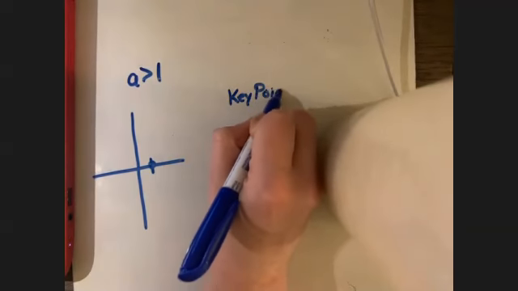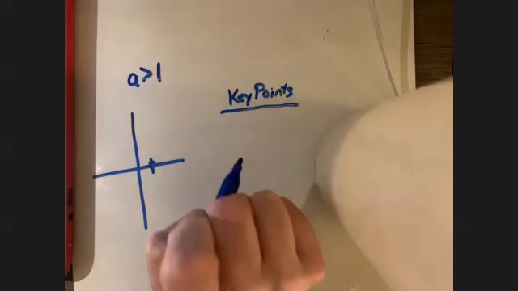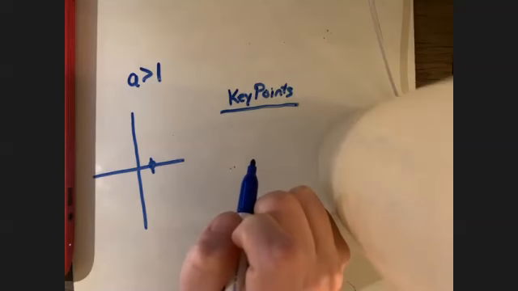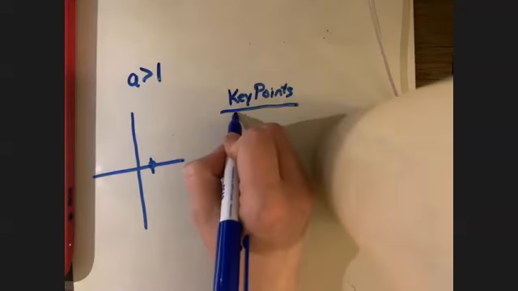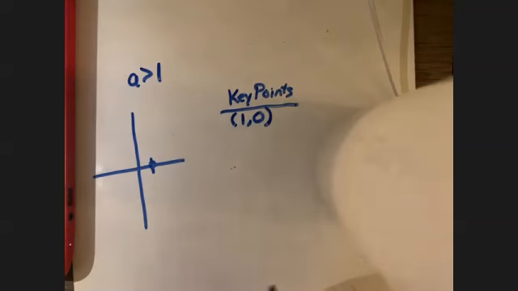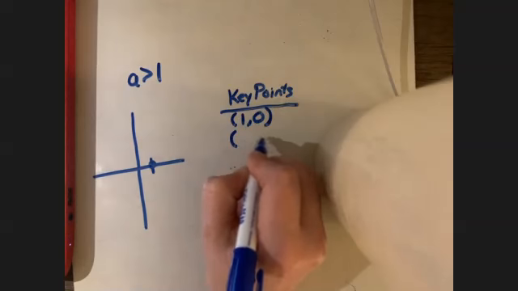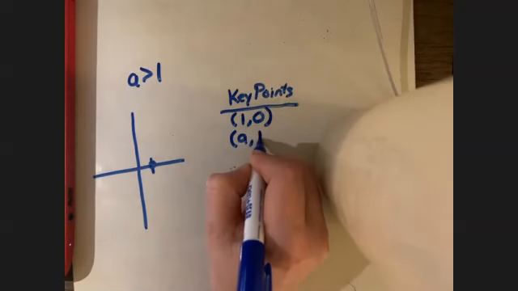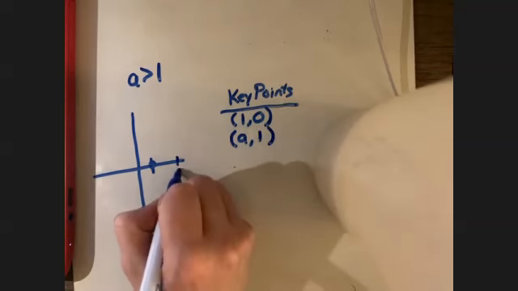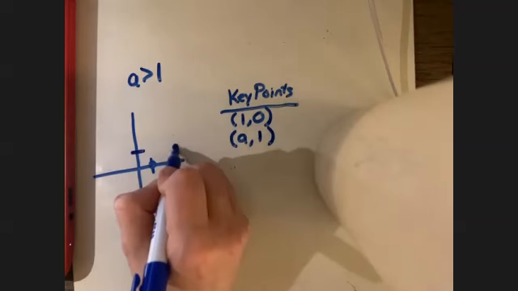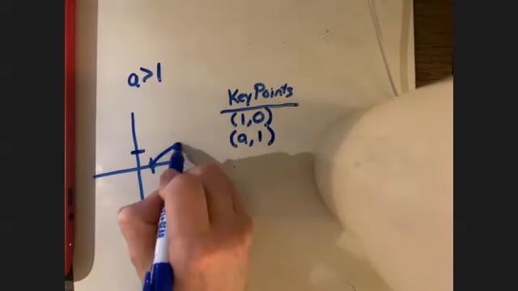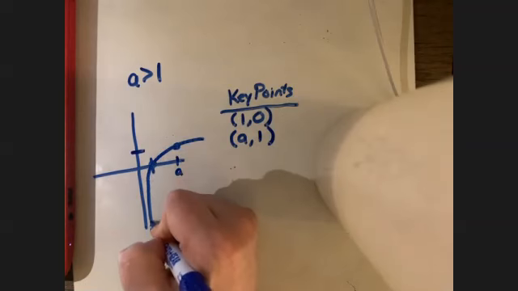And again, these points, because they're coming from the inverse, originally our key points on the exponential were 0, 1. Now we're going to see the reverse of that, which is going to be 1, 0. And instead of 1, a, we're now going to have a, 1. So I'm going to put a spot out here at a, 1, and this graph arches up and it comes down.